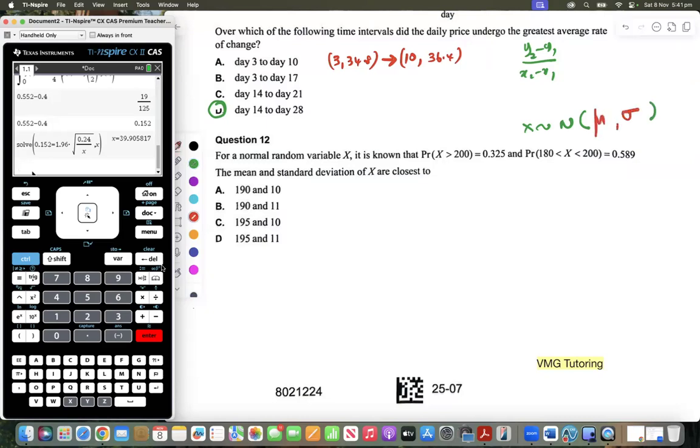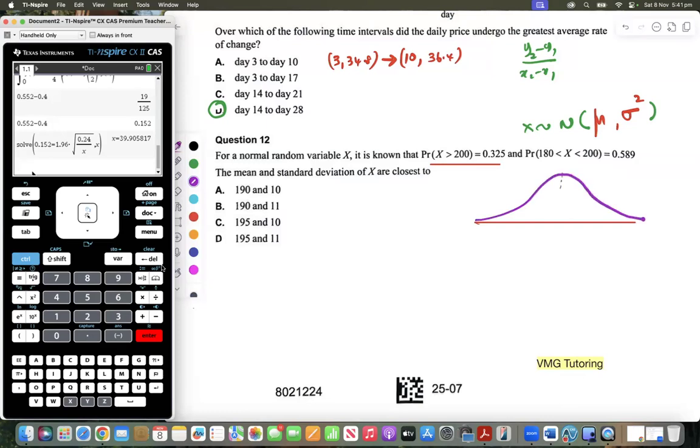I don't know the sigma value. But I know that greater than 200 is less than 0.5. Therefore, if I draw my distribution graph, it should look like this, right?